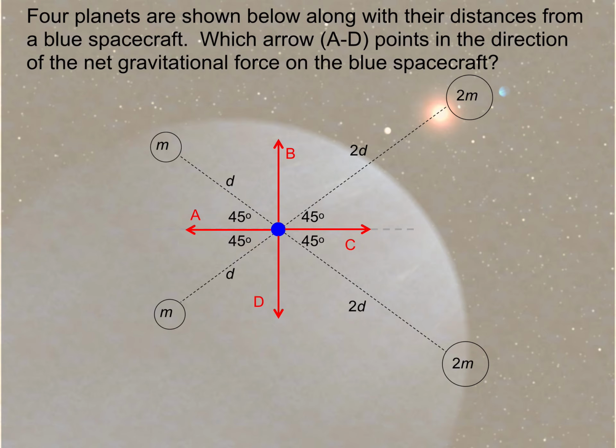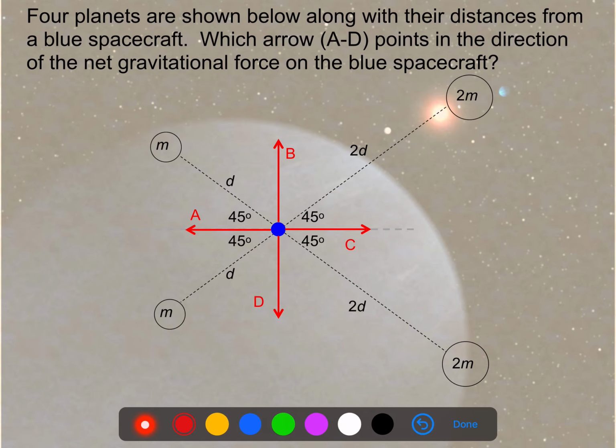Okay, a couple more conceptual examples and then we will call it a day for now. Let's take this example here where you have a spacecraft in the midst of 4 different planets, or you could think about them as stars. So if you are where this blue spacecraft is located, what is going to be the net force on the spacecraft? Well, these two objects here are more massive, but they are farther away.